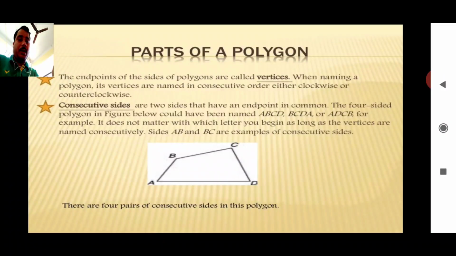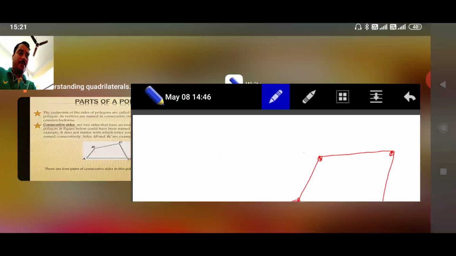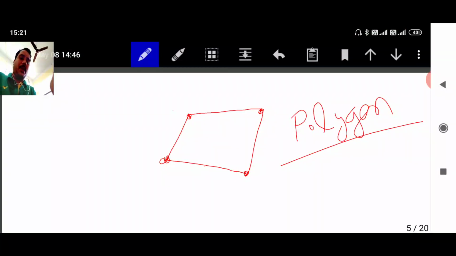When naming a polygon, its vertices are named in consecutive order, either clockwise or counterclockwise. Counterclockwise is also known as anti-clockwise. Meaning if we name this polygon, we can start from anywhere.